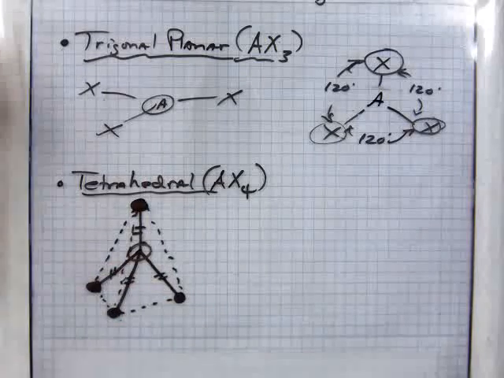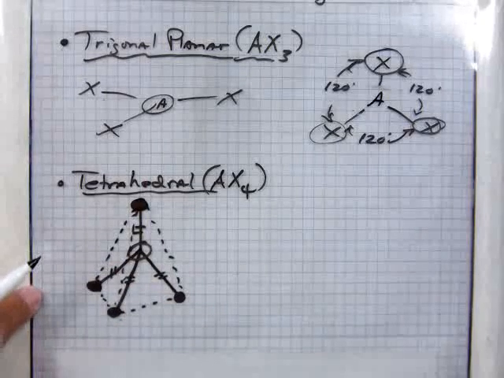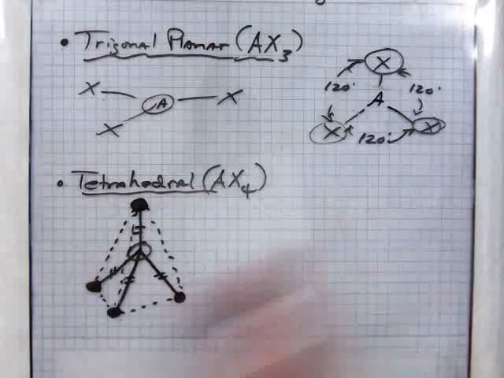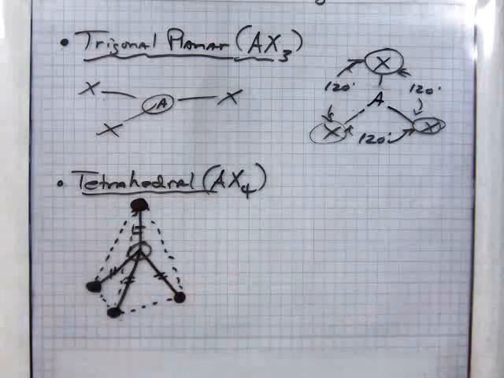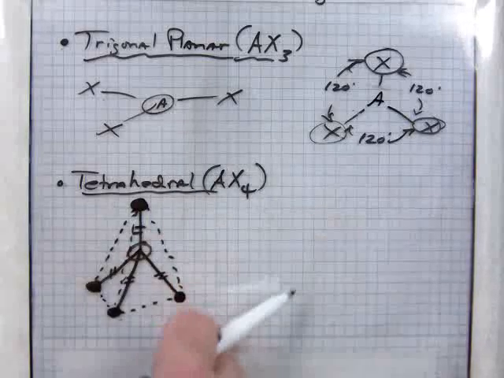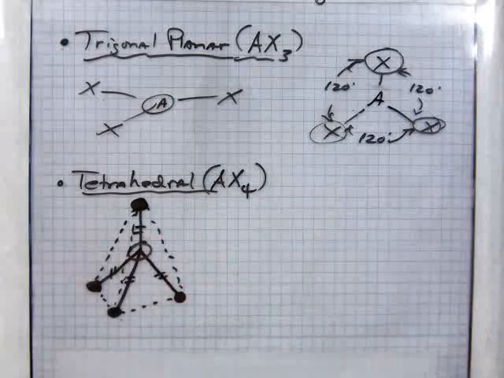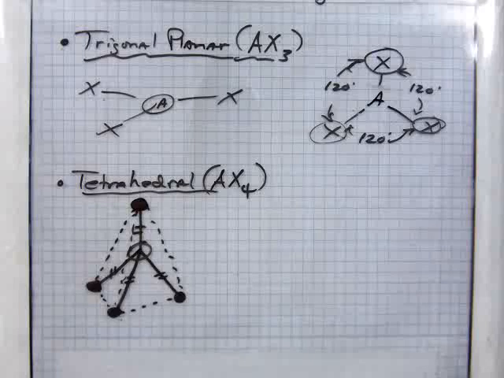Now, up to this point, the central elements conform to the octet rules, and we'll see some that are in group 3 and group 2 shortly. But beyond this, we will depart from the octet rule, and it will have more than 8 electrons in the central element. Some of them have 10, some of them have 12, some of them have 14.